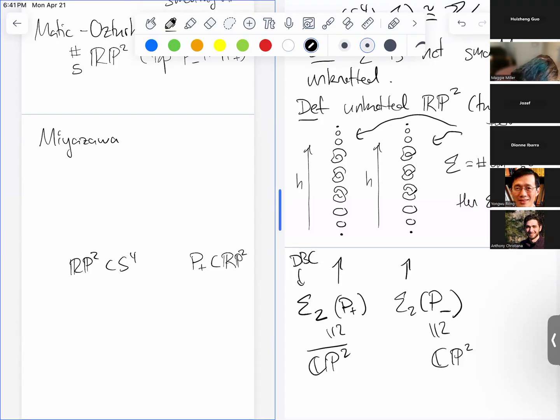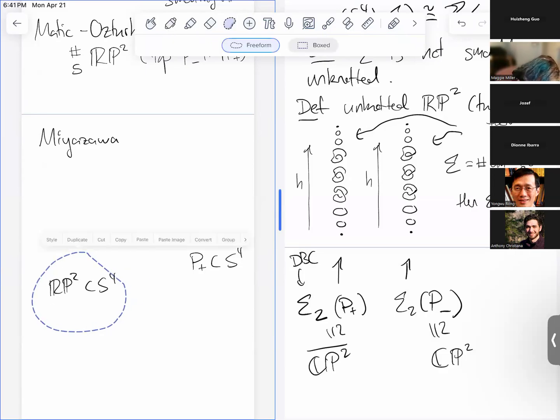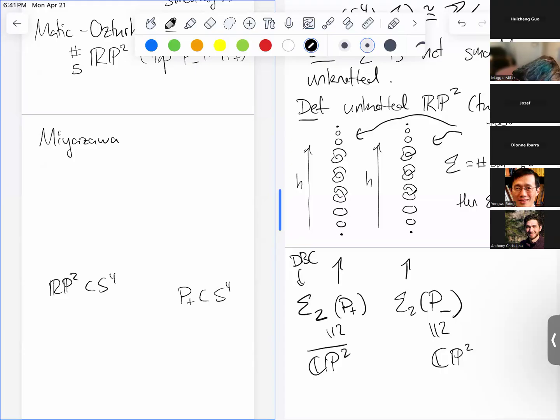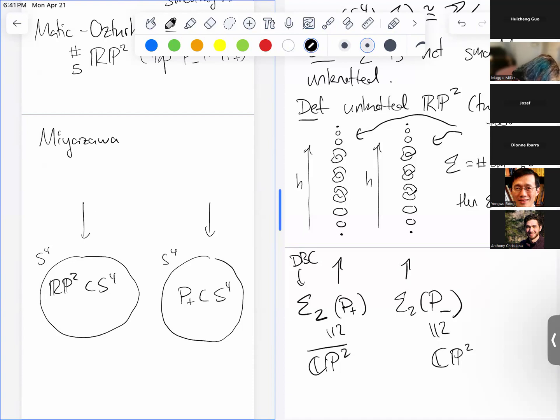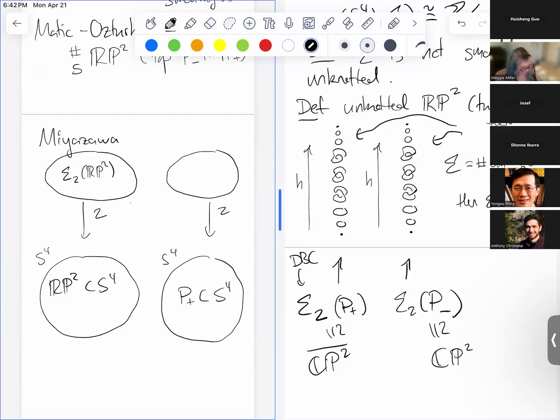What we're going to do is look at the double branched covers again of these four-spheres with these surfaces in them. Maybe I'll draw a circle to indicate this is a manifold now. So this is S4, this is S4. And then I have my double branched cover, where I have sigma 2 of whatever the surface is. And then I have this one. I know what the double branched cover is. It's CP2 bar.